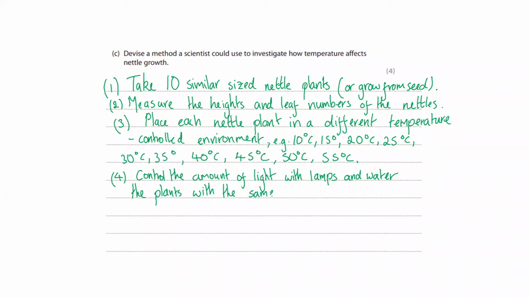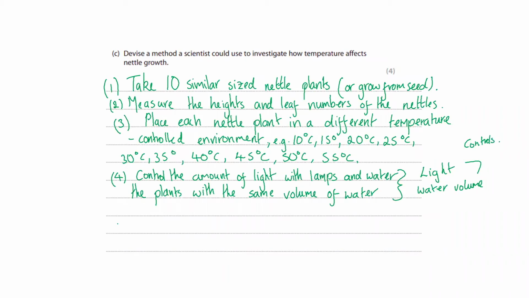So they're controls. Okay, so same brightness, same amount of light. Okay, controls. So I'm going to write a little note here. So light and water volume are controls.